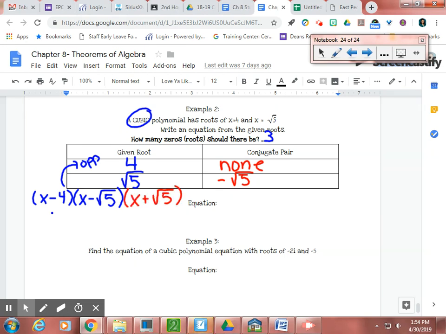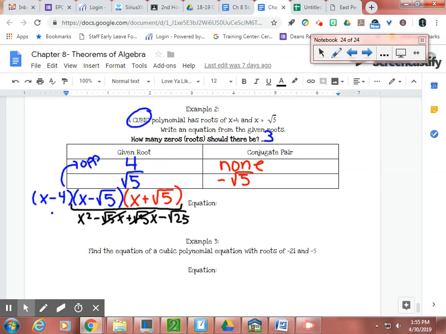Okay, so you're going to FOIL these together. My suggestion to you is definitely to do your square roots together first. If you don't do the square roots together first, you're going to get a big jumbled mess. So when I combine these, I get x squared minus root 5x plus root 5x minus the square root of 25. Okay, so the negative and the positive go away.